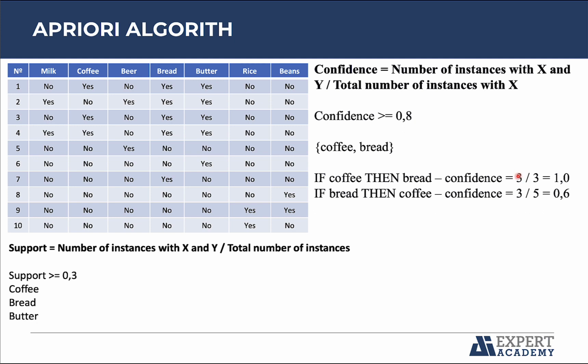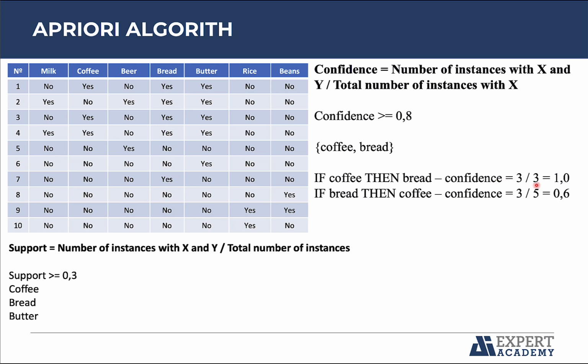We are dividing 3 by 3, or in other words, number of instances with X and Y. The transactions that coffee and bread is true is equal to 3. Instance number 1, instance number 2, and instance number 4.